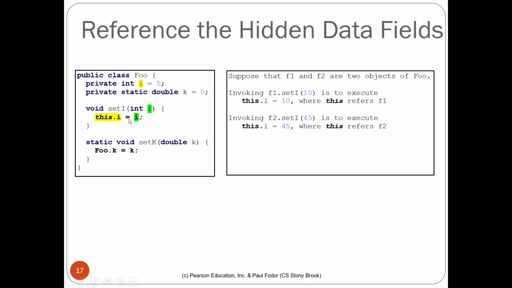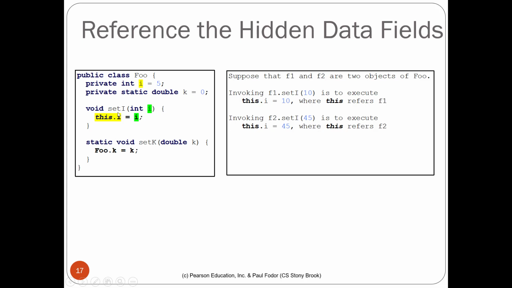If I say i is equal to i, that will be interesting. I'm going to do that in my demo. I'll do i is equal to i, right? So something interesting will happen if I don't say this.i is equal to i. Ideally, I should say this.i is equal to i. Why? If I say this.i, then this is referring to the reference of the object which is invoking the set method.